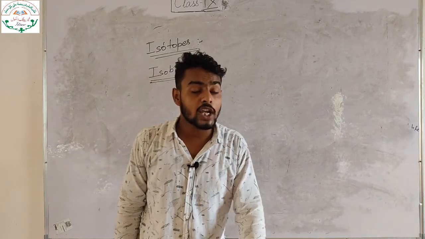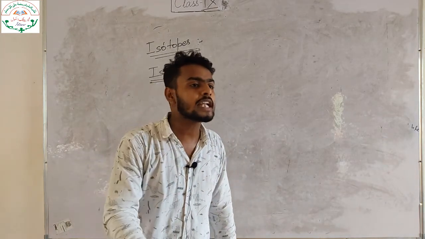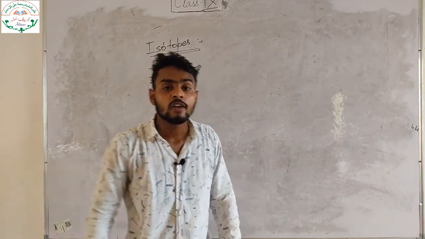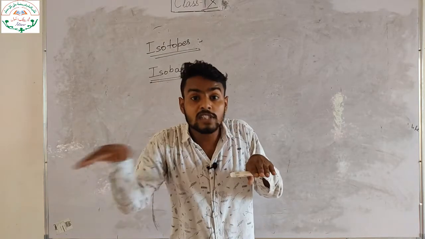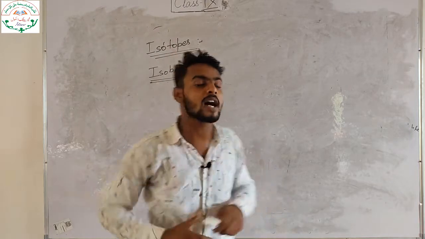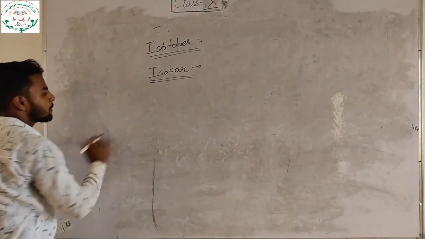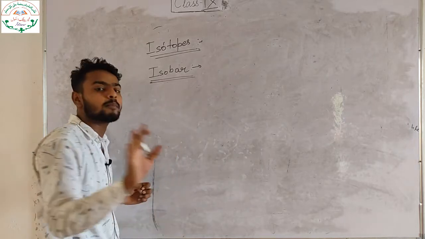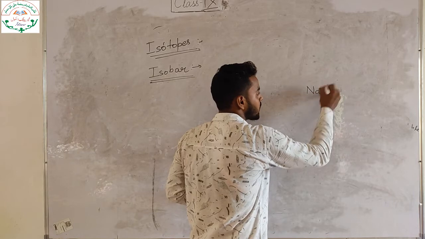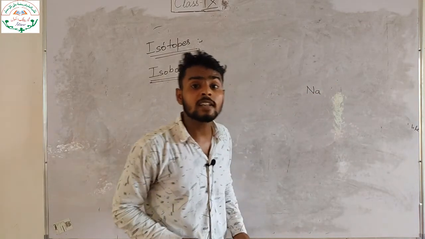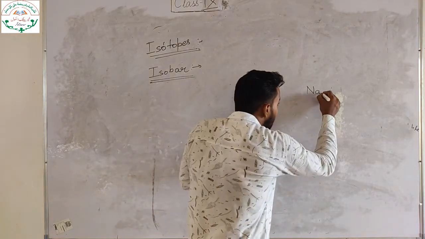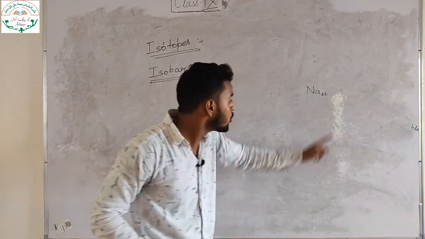Those elements which have the similar atomic number but different atomic masses are said to be isotopes. How can we represent the atomic number and atomic mass of any element? Take sodium. If you want to write the atomic number of sodium, you must write it on the downside of the element.